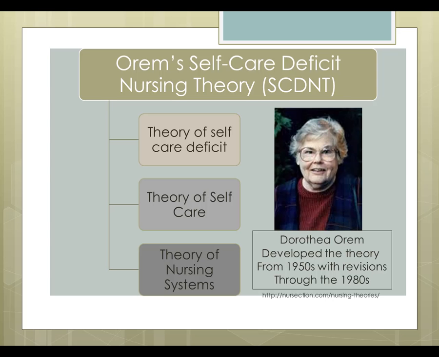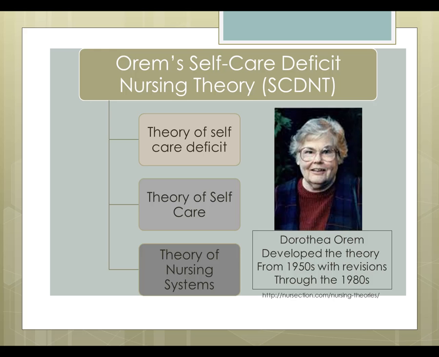So in this assignment, please don't just go in and talk about the theory of nursing systems. If you're going to pick Orem, make sure that you at least touch on each one of these theoretical ideals within the overall framework of the model. The theory of self-care deficit talks about the patient themselves having a deficit. The theory of self-care is how the patient develops the ability to provide self-care, or how much self-care they need.